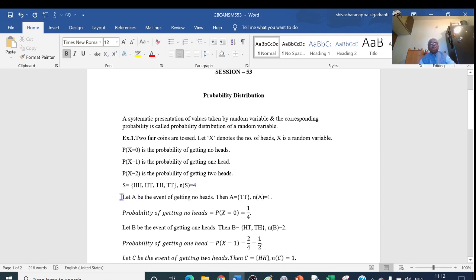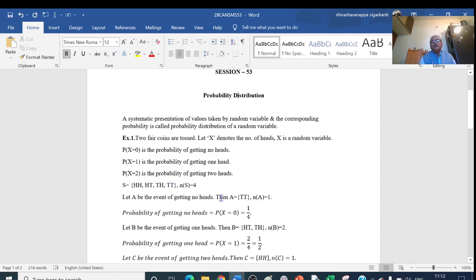Now let A be the event of getting no heads. Here, this is one outcome with a head, this is another outcome with a head, this is another outcome with a head. This is the only outcome with no heads.